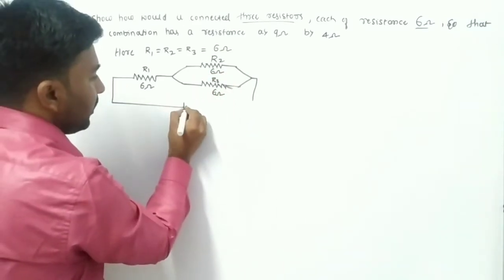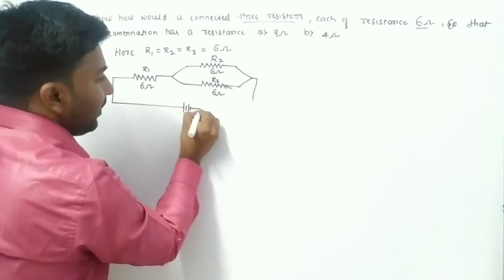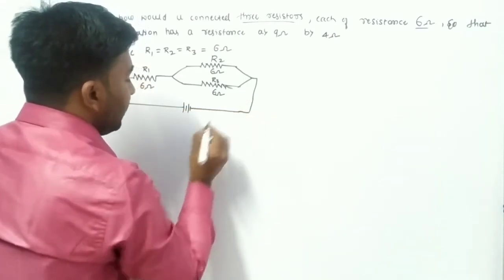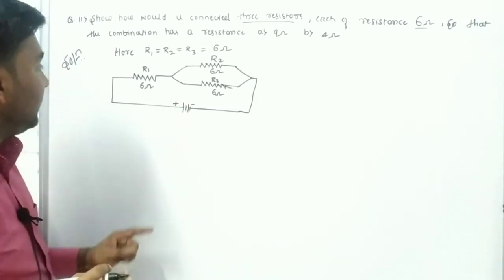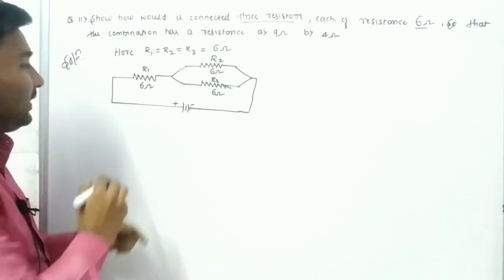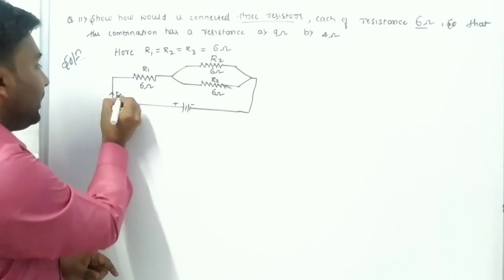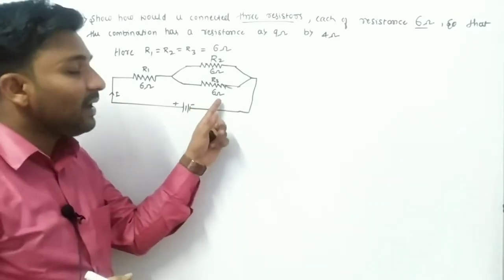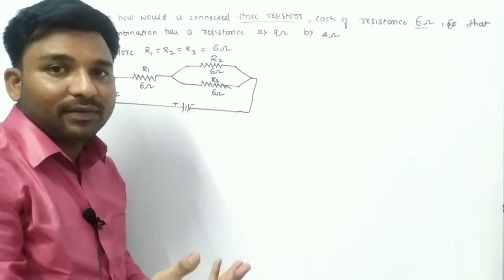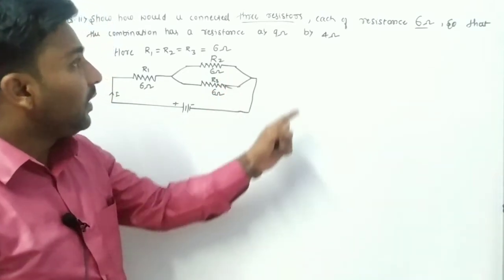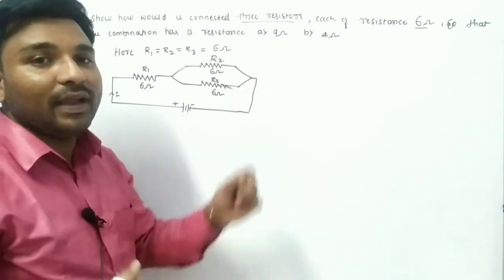Okay. So I have connected these three resistors such that R1 is in series with the parallel combination of R2 and R3. Let's check whether the total equivalent resistance comes to 9 ohm or not.